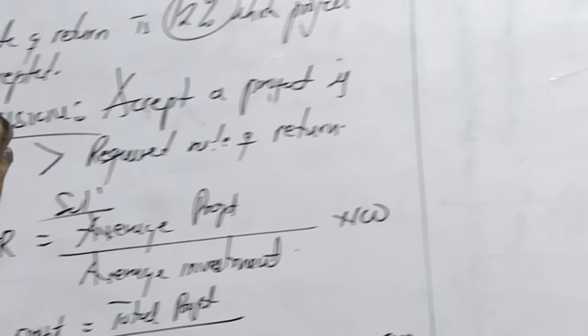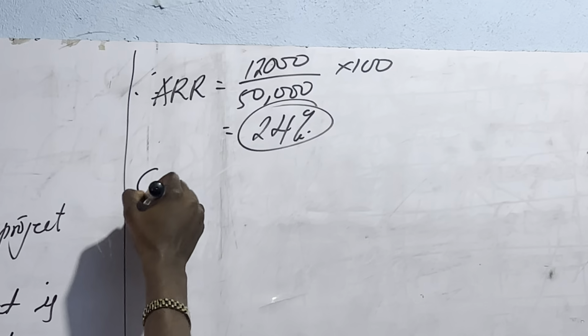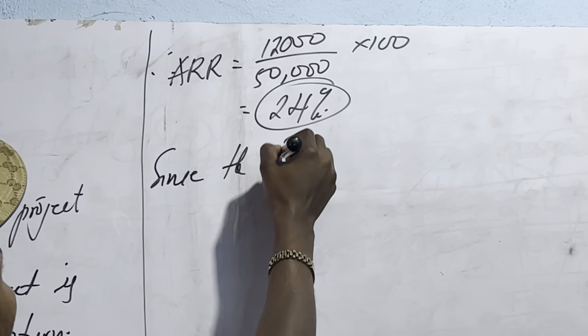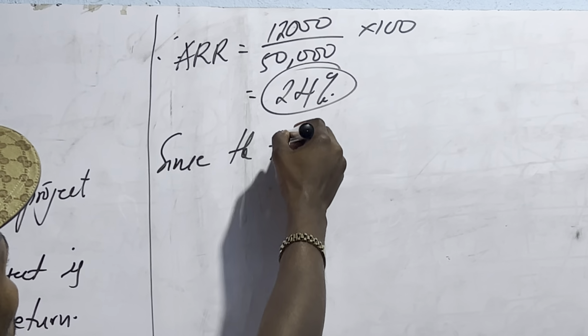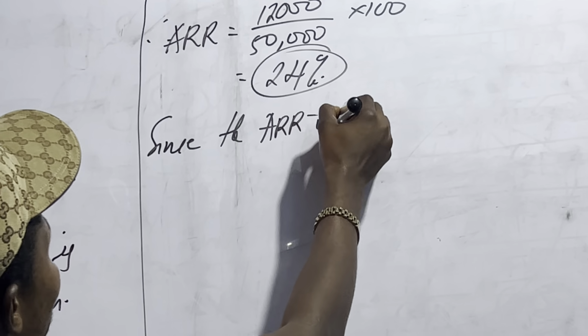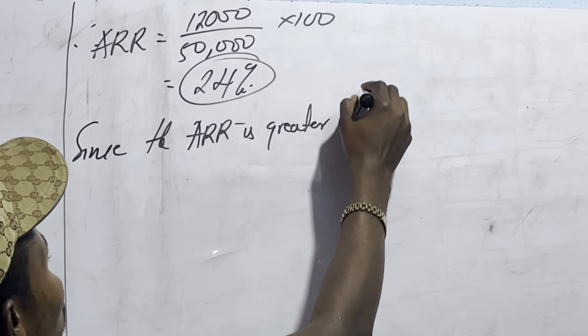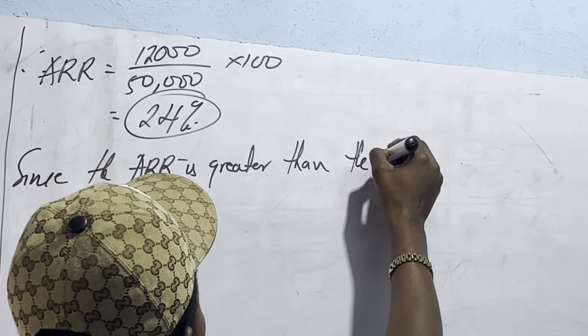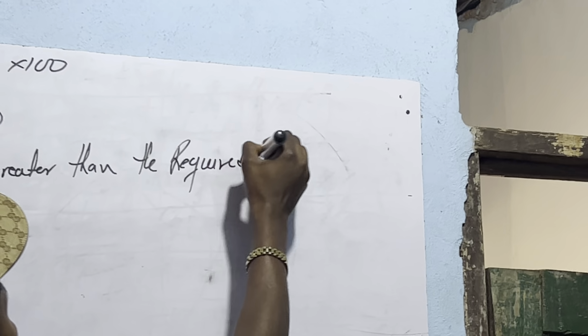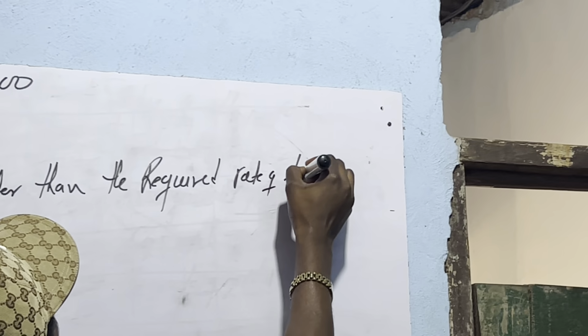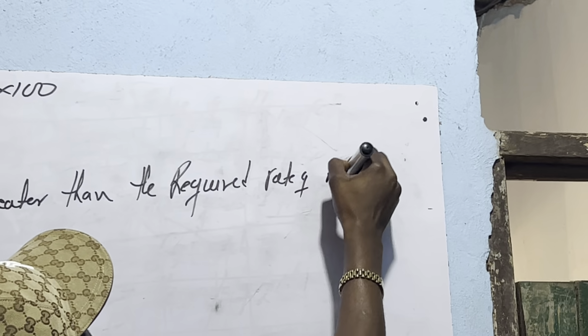So you see our accounting rate of return. So we say since the average accounting rate of return is greater than the required rate of return.